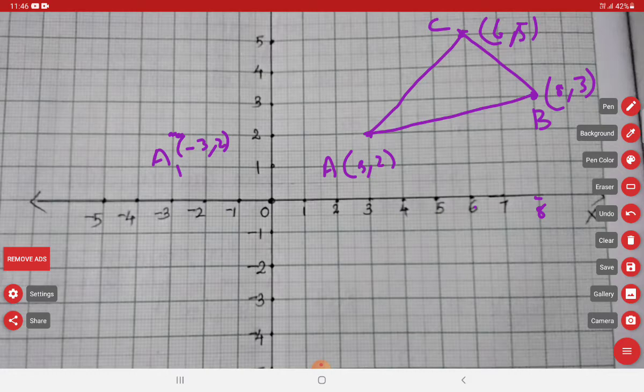Next, the mirror image of B. Here B is (8, 3), so this will be -8. It's here, (-8, 3). You have to take the correct point.